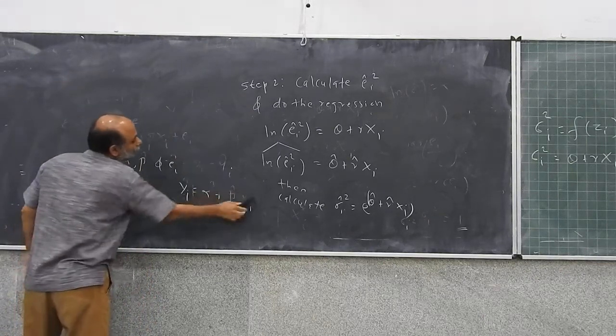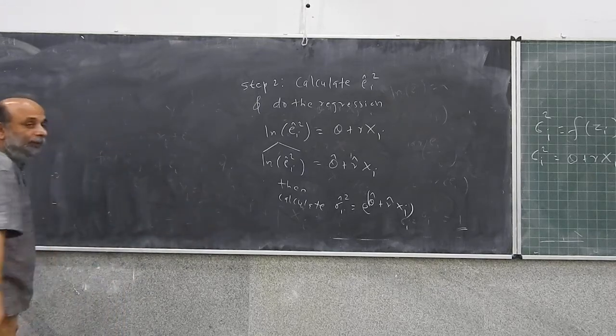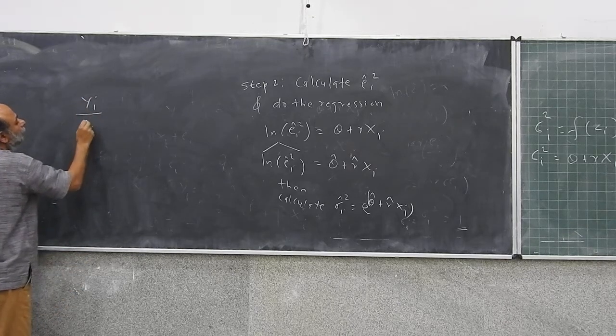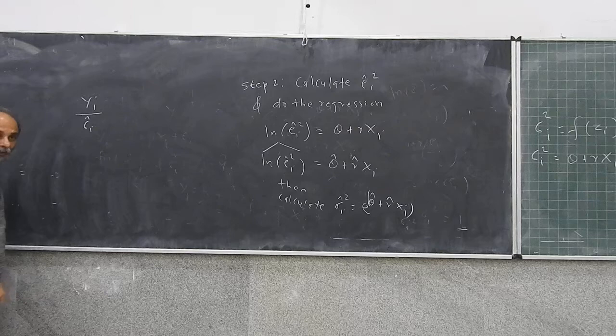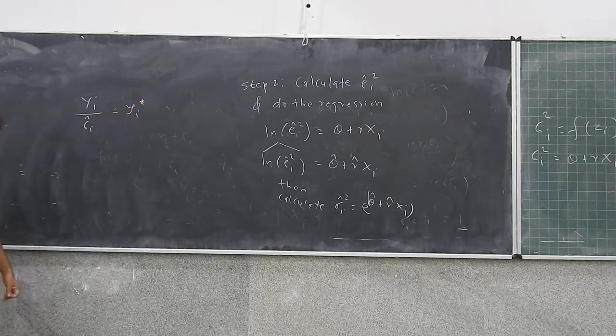Then do one thing. Once you've got these, then do the transformation yi upon sigma hat i is equal to y star, right? Okay.